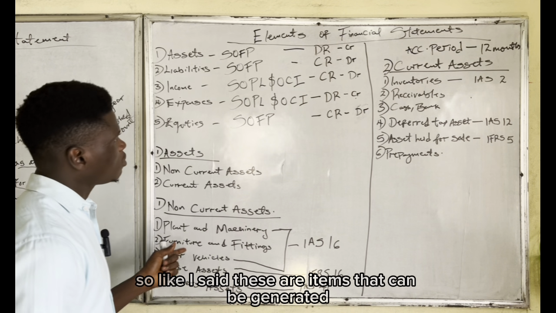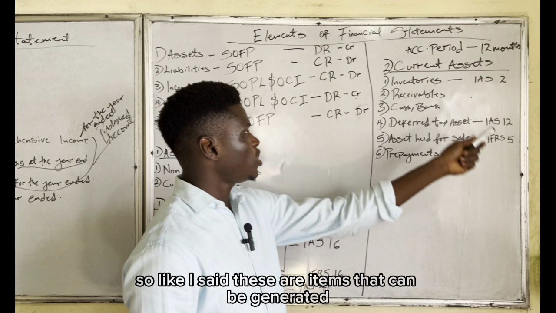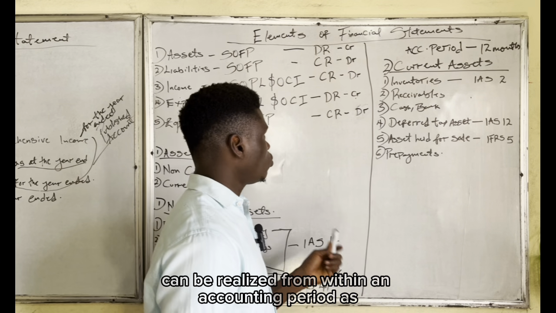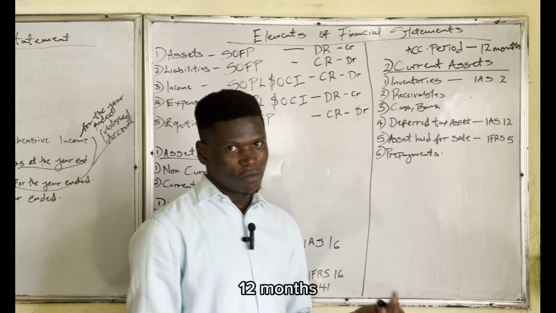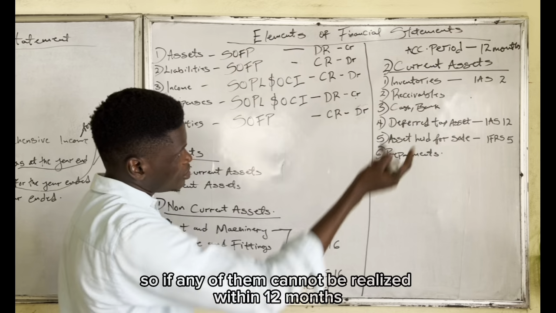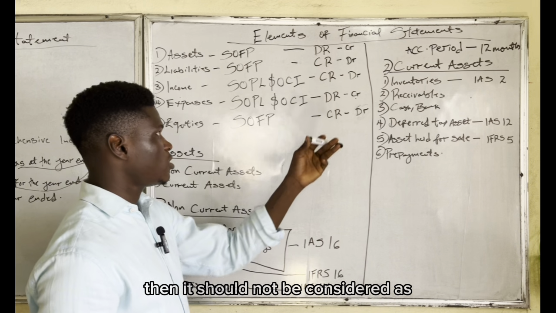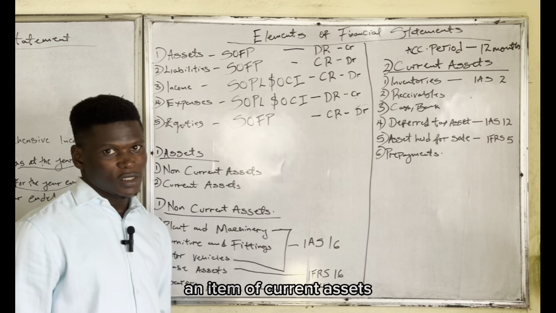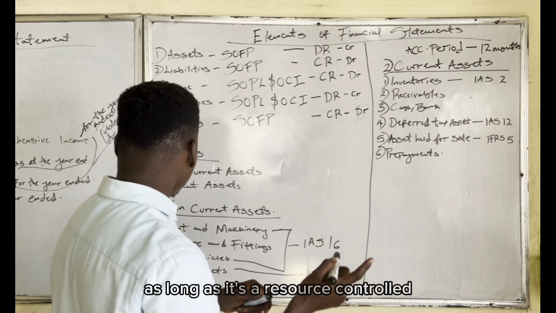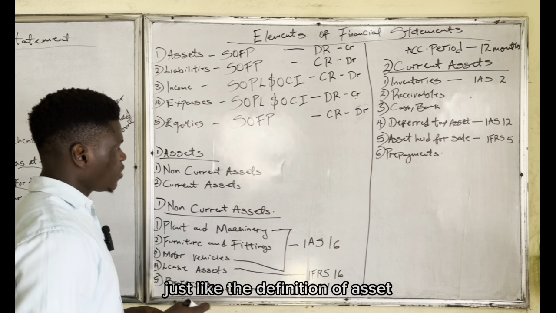So like I said, these are items that can be generated or which cash can be realized from within an accounting period, that's 12 months. So if any of them cannot be realized within 12 months, then it should not be considered as an item of current assets, rather a non-current asset, as long as it's a resource control, just like the definition of assets.